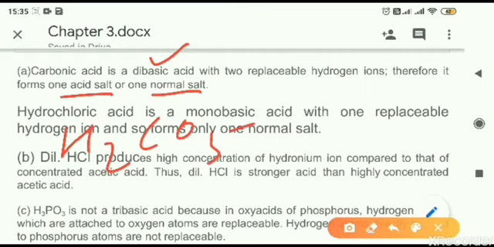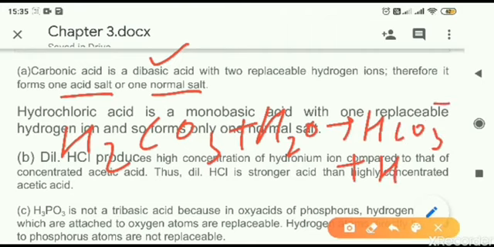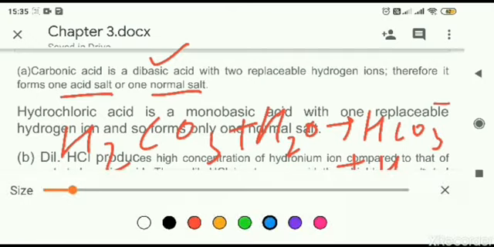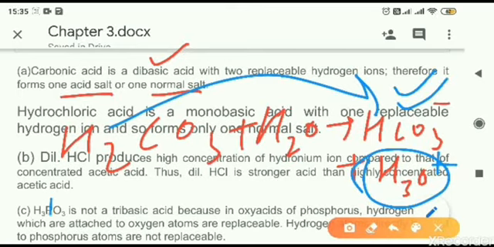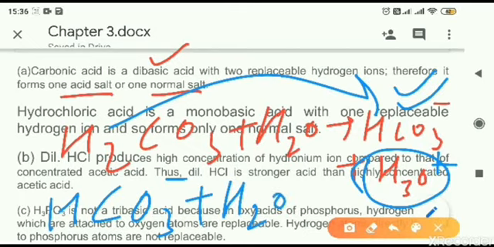H2CO3, when it is dissolved in water, what we will get? First we will get HCO3 minus and H3O plus. This H2CO3 will dissociate into two parts. One is the positive ion, it has formed one time. But second thing, this HCO3 minus again will dissociate in the water, and again it will form another H3O plus ion.